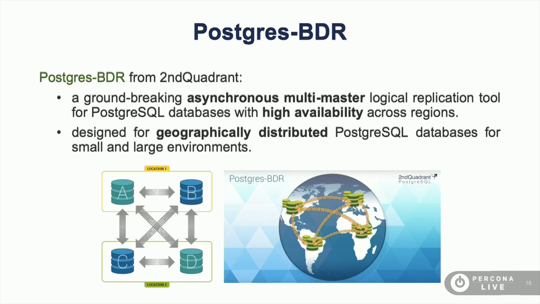It was designed for geographically distributed PostgreSQL databases for small and large environments. It's important here to note the words asynchronous and multi-master, even though Postgres BDR can also offer a single master scenario like MySQL Group Replication.